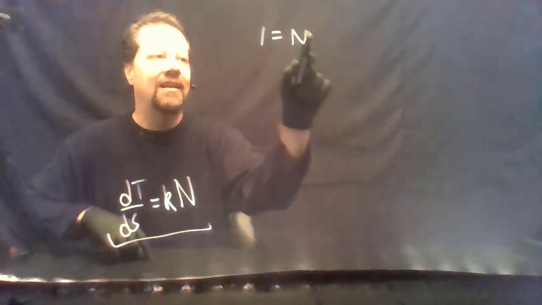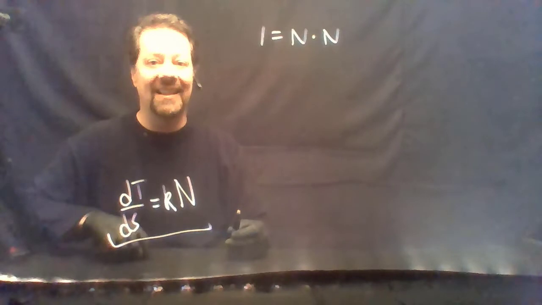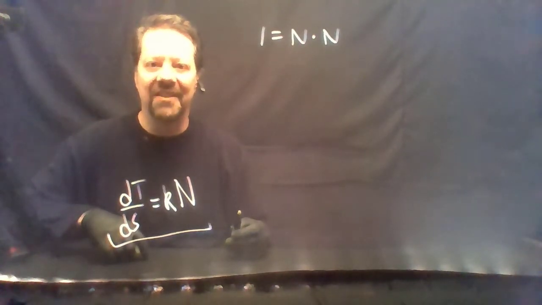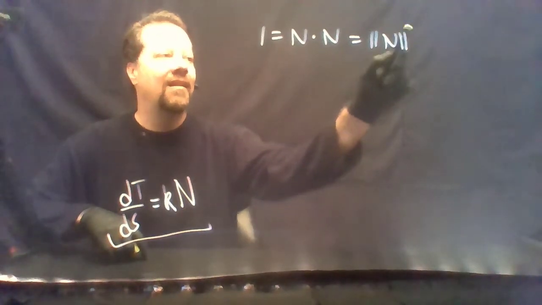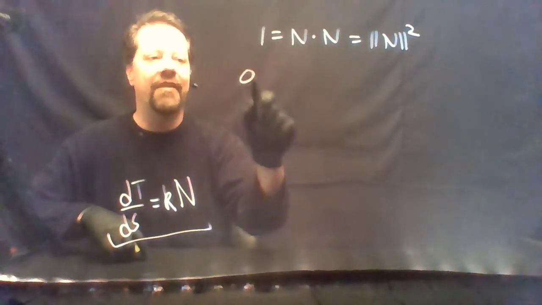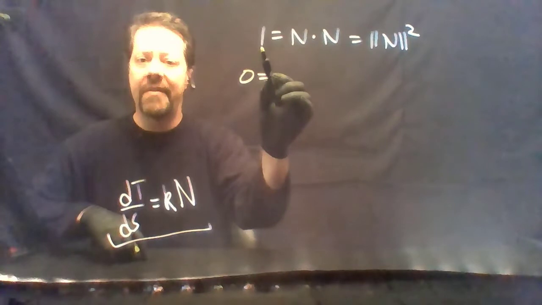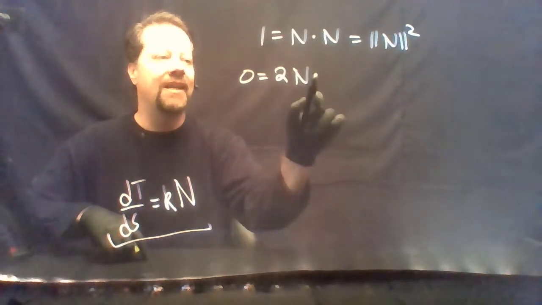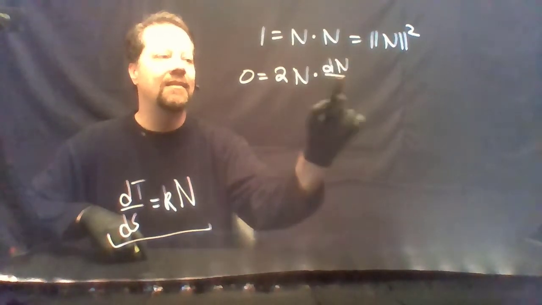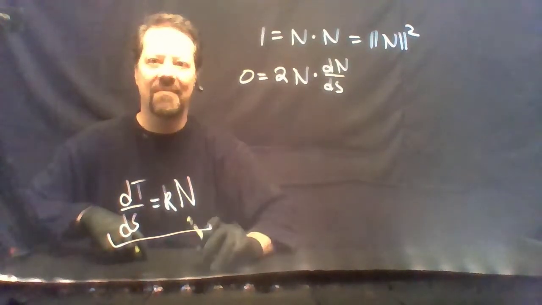Now let's look at the fact that N dot N is 1, because again, N is a unit vector. If we take the derivative on both sides, the derivative on the left is 0. The derivative on the right is 2 times N dot dN ds.